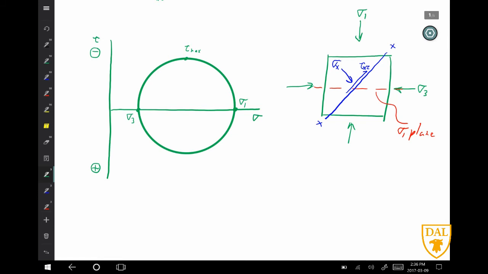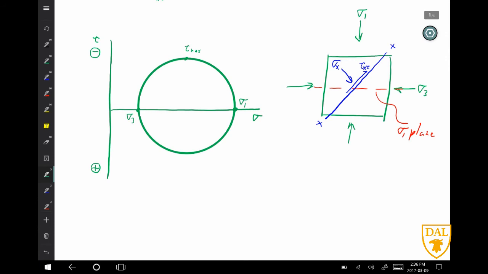And really the main difference is that the angles between planes in the Mohr circle is twice that of reality. So for instance, in the stress block to the right, you see that the sigma 1 and sigma 3 plane are actually 90 degrees from each other. But if you look on the Mohr circle, you can see that the locations plotted for the sigma 1 and sigma 3 plane, that they're 180 degrees apart.